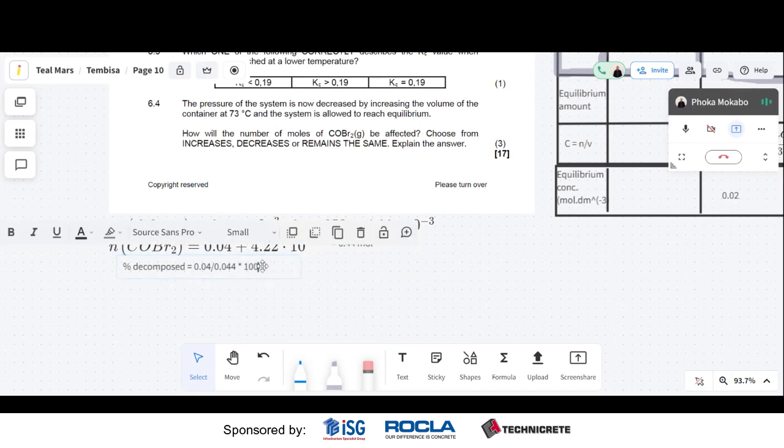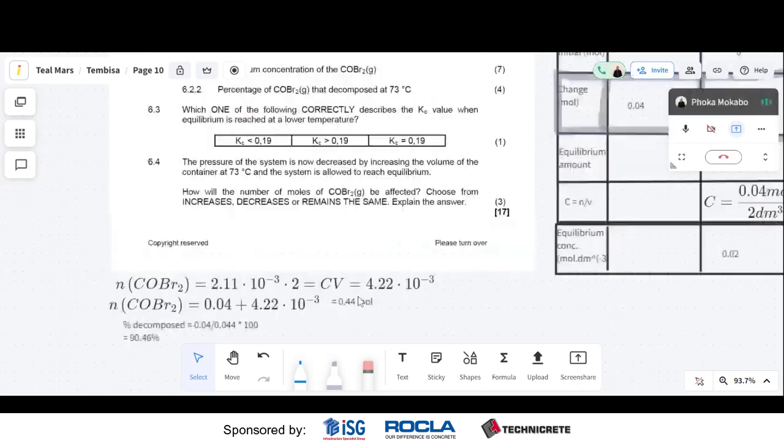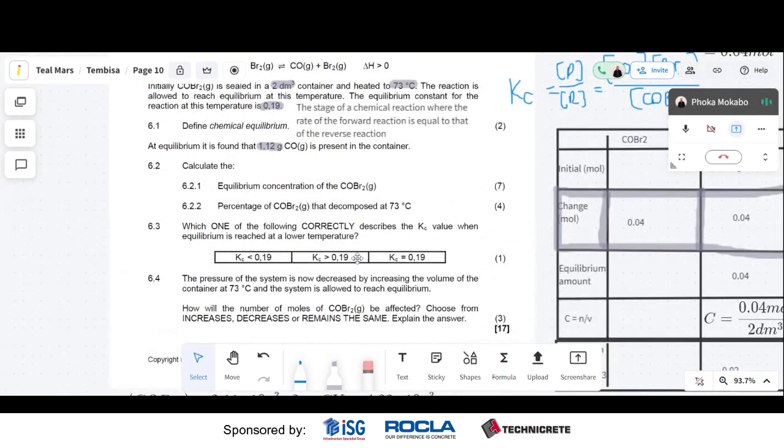And just to save time, if you plug it into a calculator, it is therefore equal to 90.46%. Okay, 4 marks given to you.